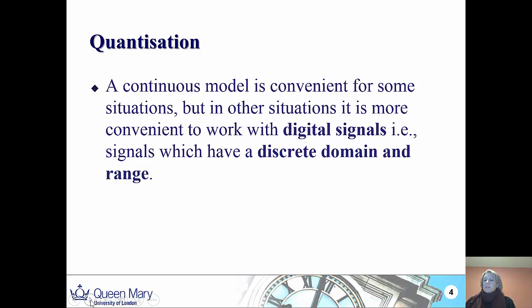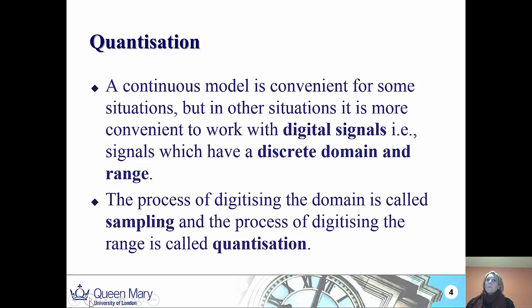So whenever we're working with digital signals, we're using a discrete range of values. So we're restricting the continuous range of values into a finite range of values, and we communicate the continuous signal using this finite range of values.